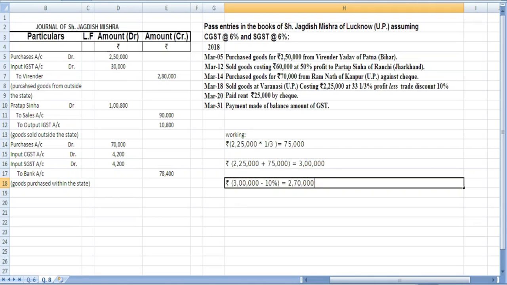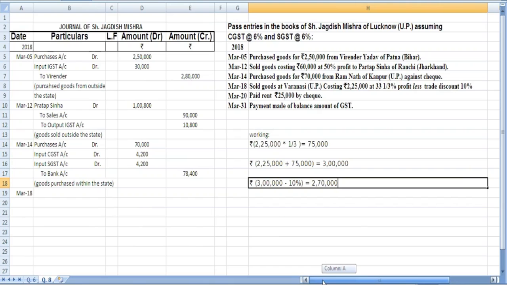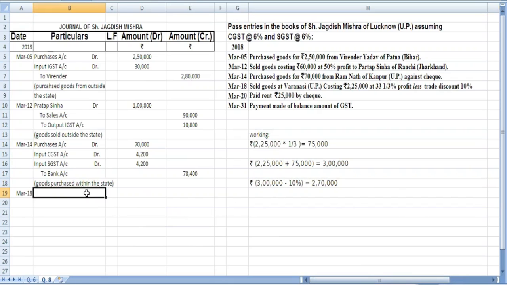Okay, so we are going to write here March 18, sold goods at Varanasi, UP. So bank account will be debited.